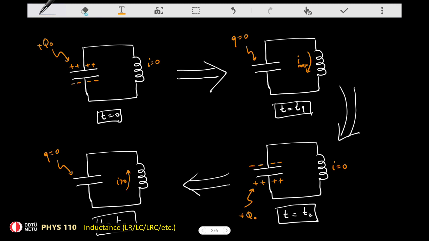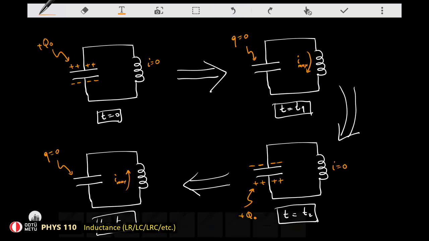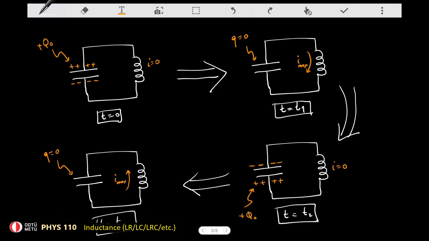It's equal to zero, at which point the current in the inductor would be again maximum in magnitude. It's maximum and positive along the given direction, of course, but just keep in mind that compared to the situation at time t equals t1, the direction is reversed now. And then after that, it will start charging the upper plate in here.